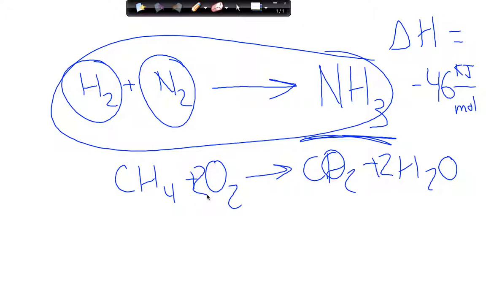And whatever the delta H for this was, that was for 1 mole of this, 2 moles of that, 1 mole of this, 2 moles of that. So it's moles as written. But when we look at these heats of formation, it's always relative to 1 mole of product. So we can then say 1 mole, because it's always written so that the product is 1 mole. Is that okay?